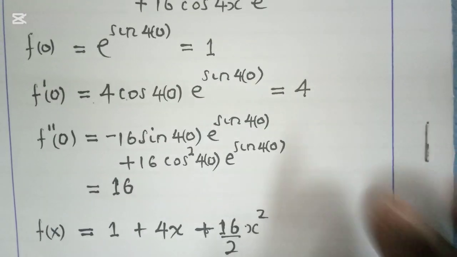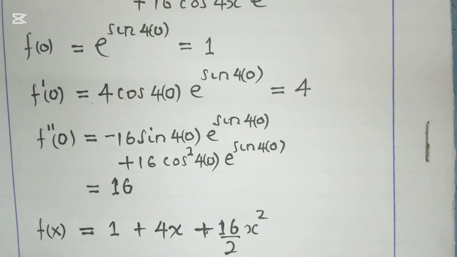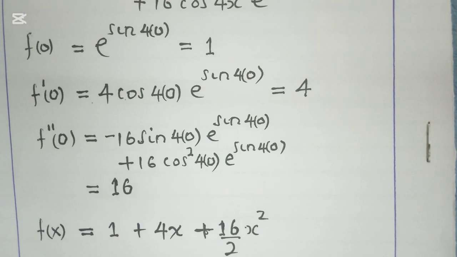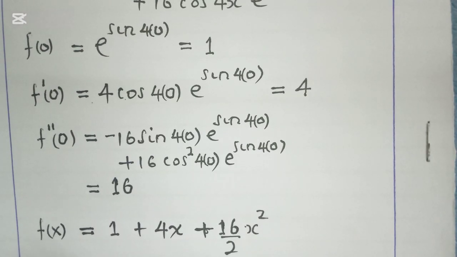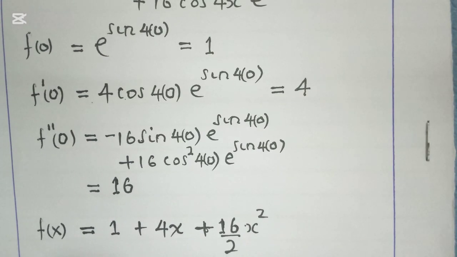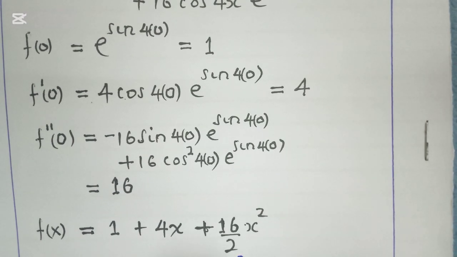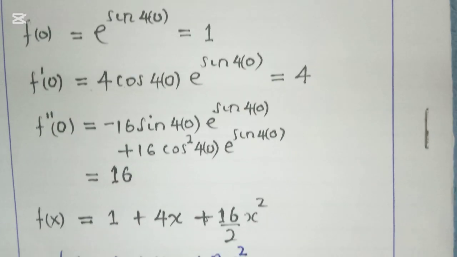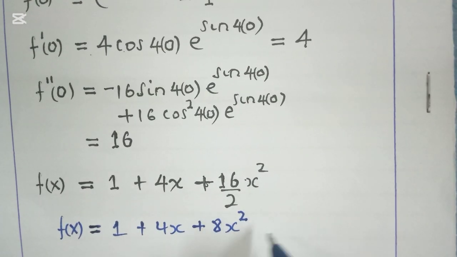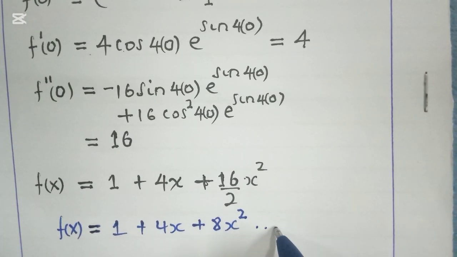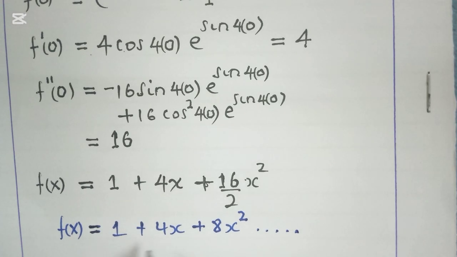So if we simplify further, we shall have fx is equals to 1 plus 4x plus 8x squared. So guys, that is our solution. And indeed, we can still go ahead, but now guys, since we have been asked to find only 3 terms, those are our 3 terms, guys.